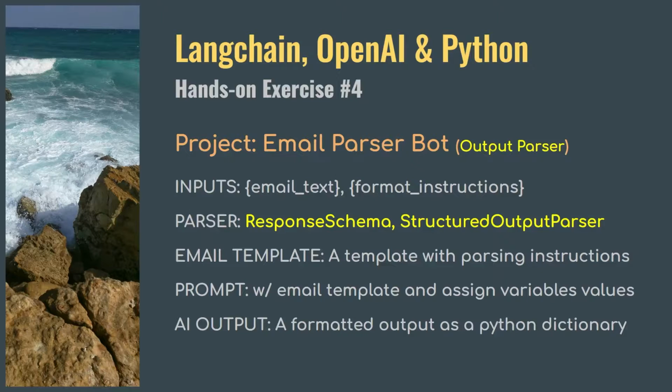Then we create an email template, including parsing instructions, set up a prompt using that email template, and assign variable values. For example, provide the user email text that we need parsing and the format instructions. And once that is sent to the AI, we get a nicely formatted response that we can use anywhere programmatically. That said, let's get started.